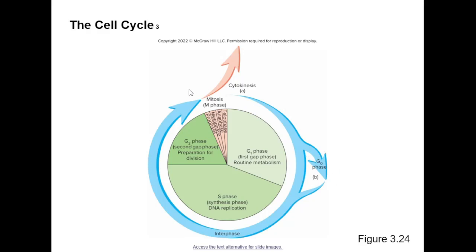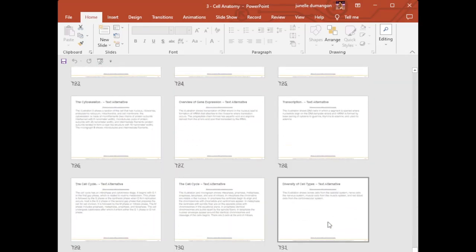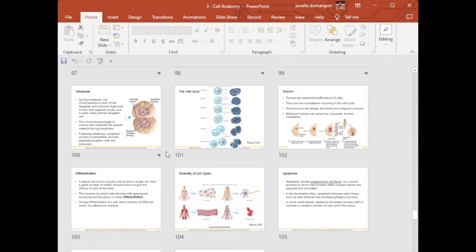But in cancer cells, after mitosis, it will undergo again G1, S phase, G2, and then undergo mitosis again. So, it wants to undergo continuous or successive cell division. But the normal should be it should enter G0 or have a resting period. Okay? So let me just go back to the presentation.